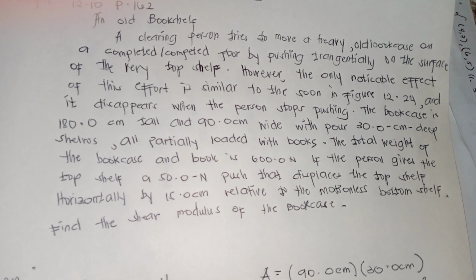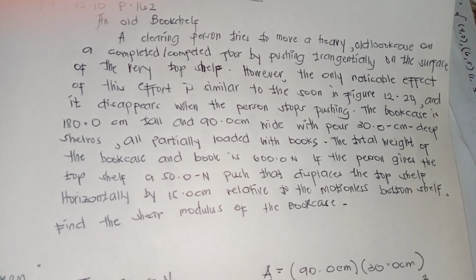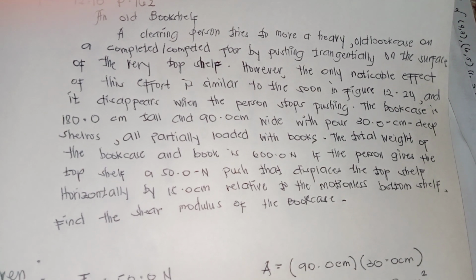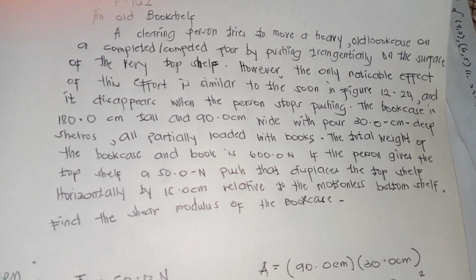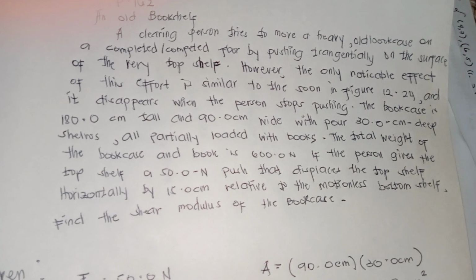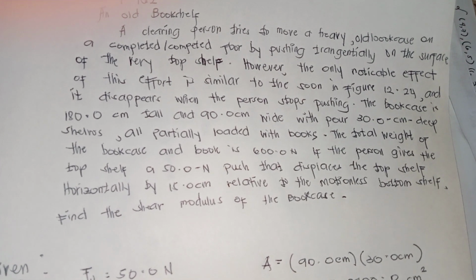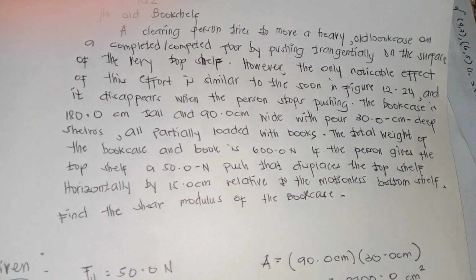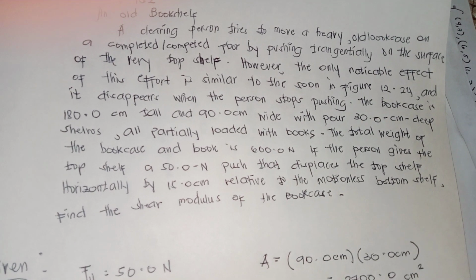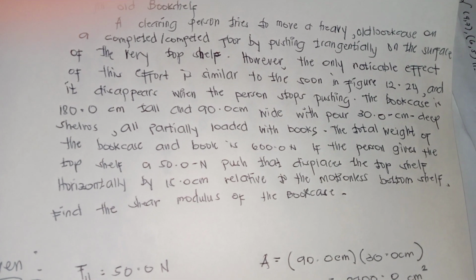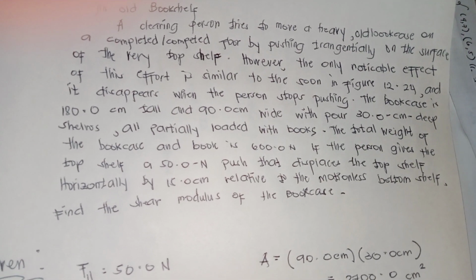The bookcase is 180.0 centimeters tall and 90.0 centimeters wide, with a depth of 30.0 centimeters. The shelves are all partially loaded with books. The weight of the bookcase and the books is 600.0 newtons.